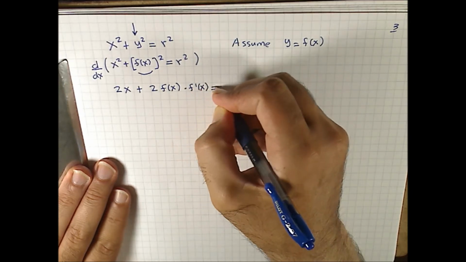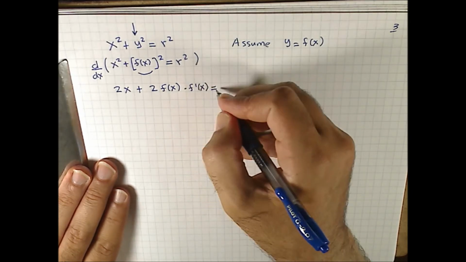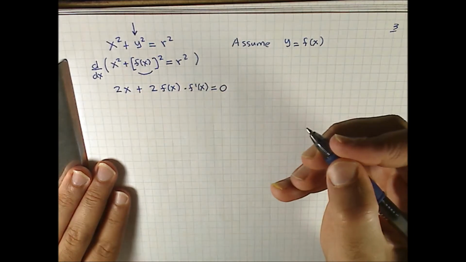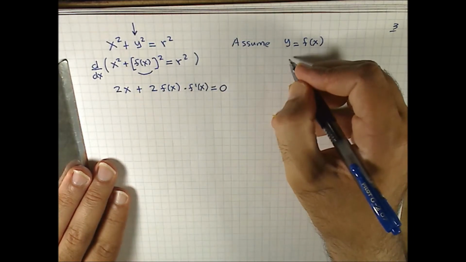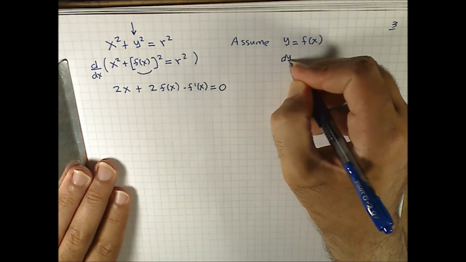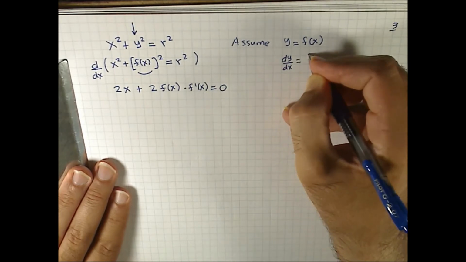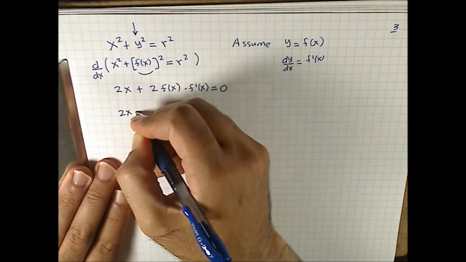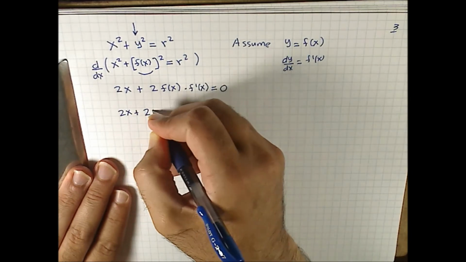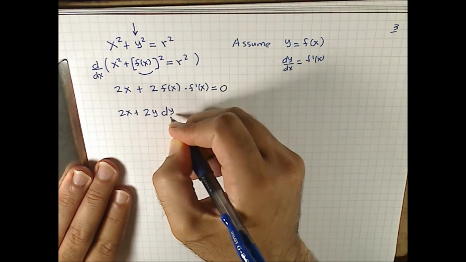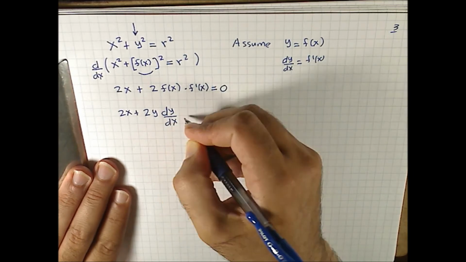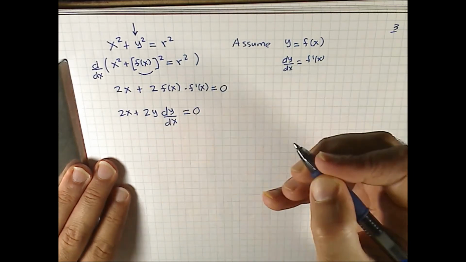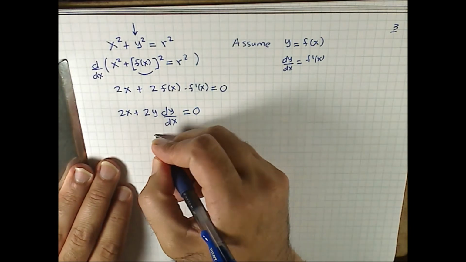And derivative of r squared, that's not 2r, is 0 because r squared is a constant. Now we know that y is a function of x and dy/dx is f prime of x. So we can write this as 2x plus 2y dy/dx is equal to 0.